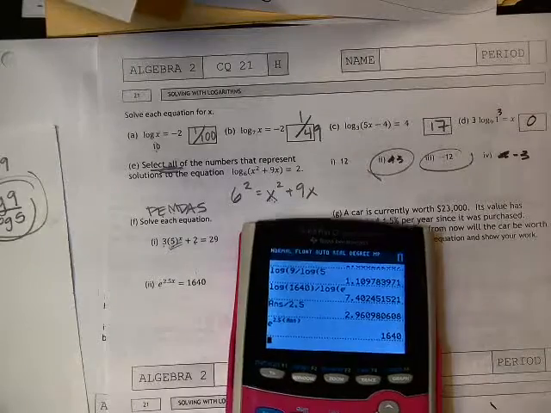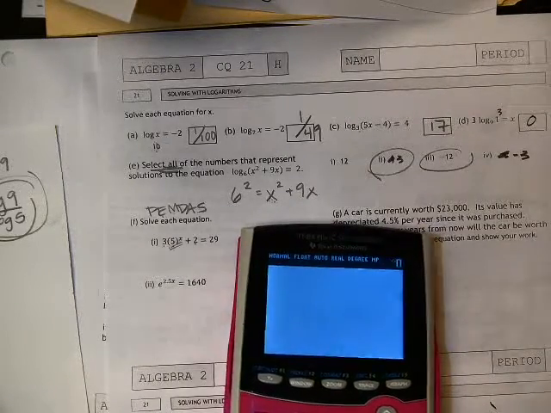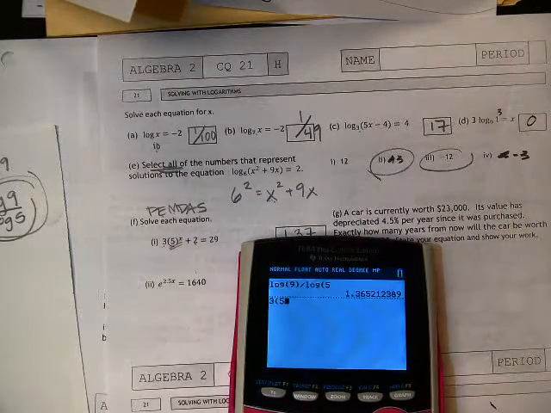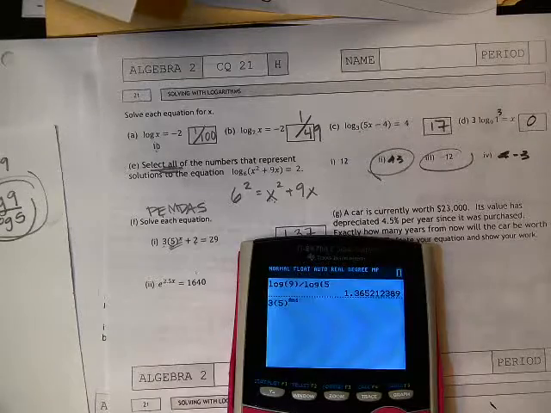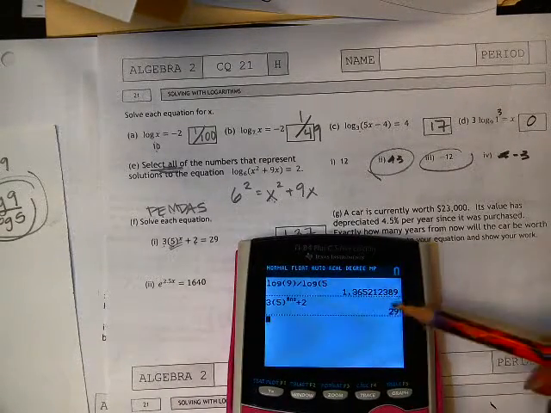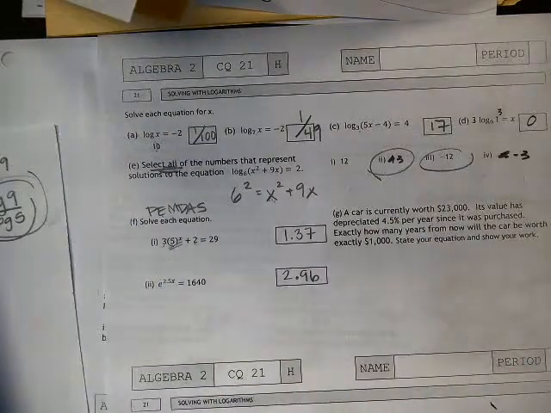Log of 9 divided by log of 5. So log of 9 divided by log of 5 is this guy here. And so right here, I could have said 3 times 5 to the answer, and then plus 2, and I totally get 29. So when you're done, you can always just check your answers to make sure that they're right.